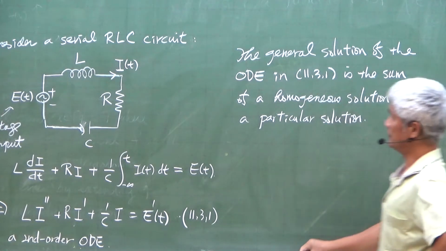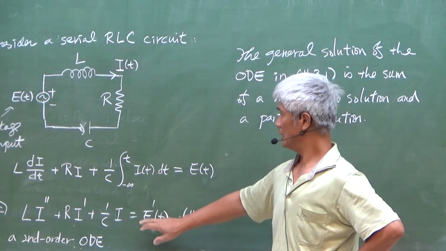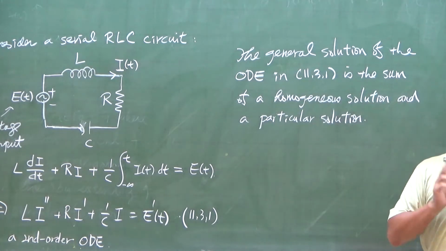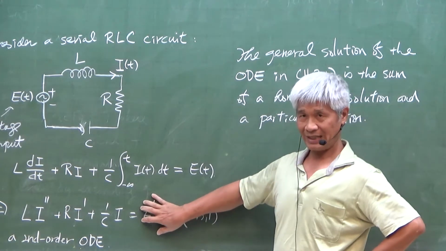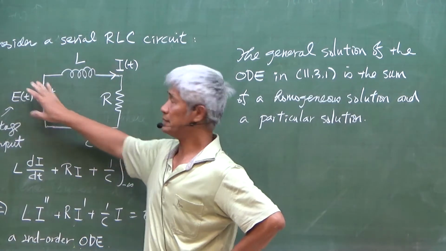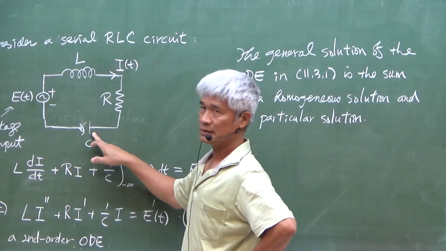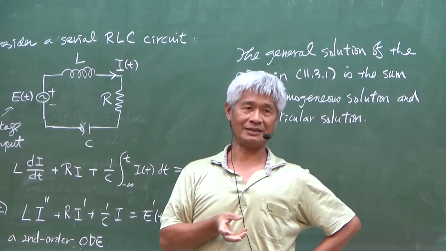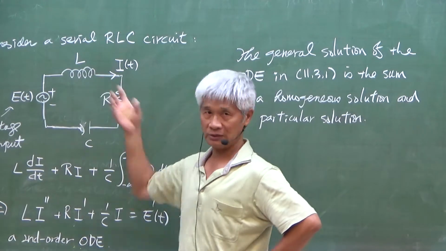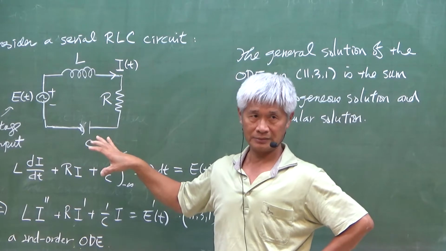Homogeneous solution means that if we have no external force, so the external force is 0, then you have homogeneous solutions. In this setting, that means that without any external force, it's possible that the inductor or the capacitor stores some energy inside it. So you have initial energy in these two components.